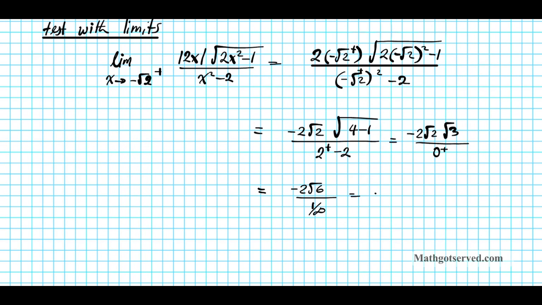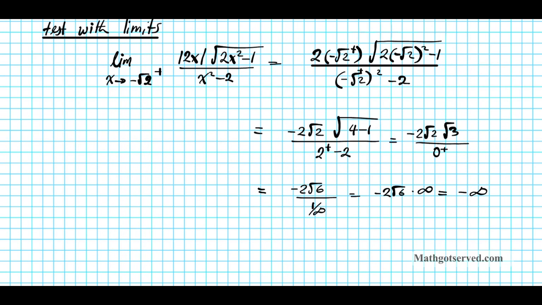And then it becomes negative 2 root 6 times infinity, which equals negative infinity. So that automatically shows that this is a vertical asymptote because it approaches negative infinity as x approaches negative root 2. Okay.